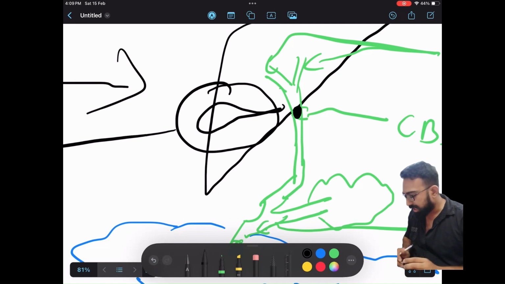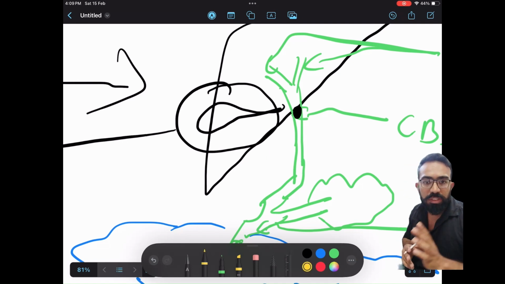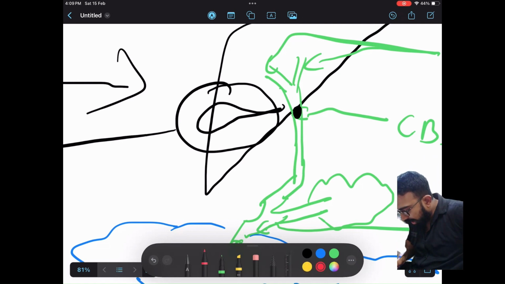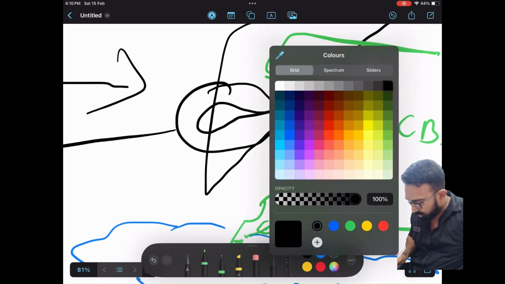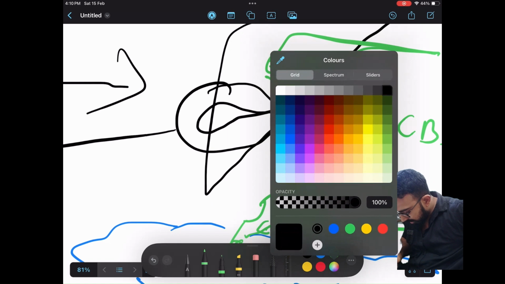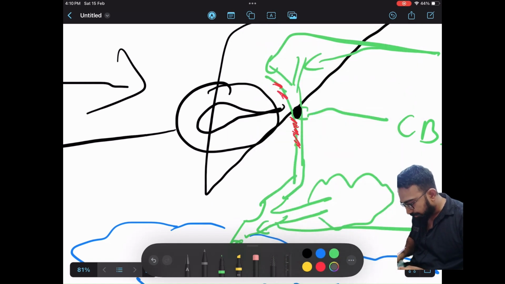Or what will happen is when the surgeon is removing the gallbladder, he inadvertently, by mistake, damages a part of the biliary tree. Any damage during surgery, after some time, is going to present as a stricture.